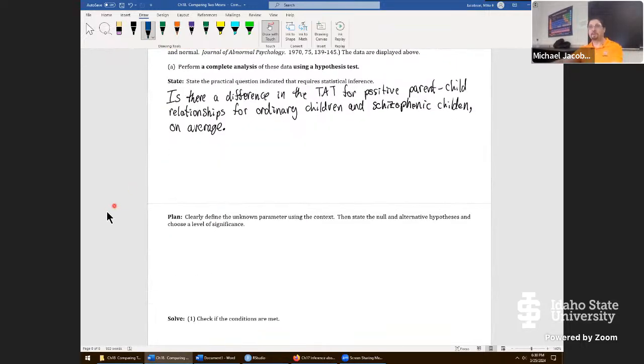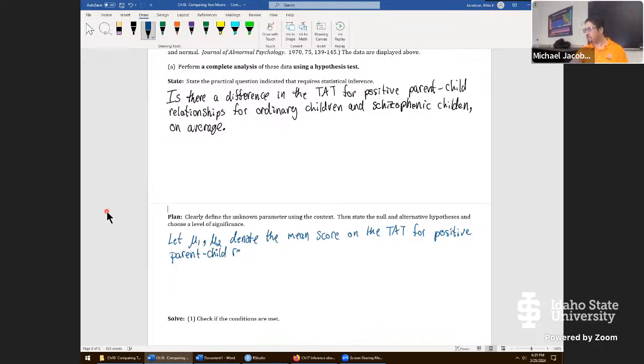I think ordinary children is better. If I say normal children, we might be thinking they came from a normal distribution magically. So let's go with ordinary children, same meaning. Let mu1, comma, mu2 denote the mean, or you could say average, score on the TAT for positive parent-child relationships.